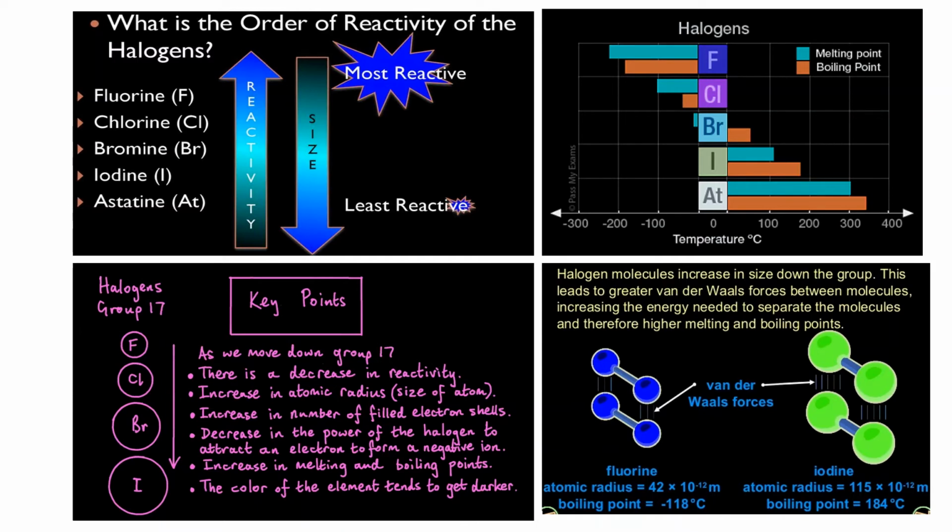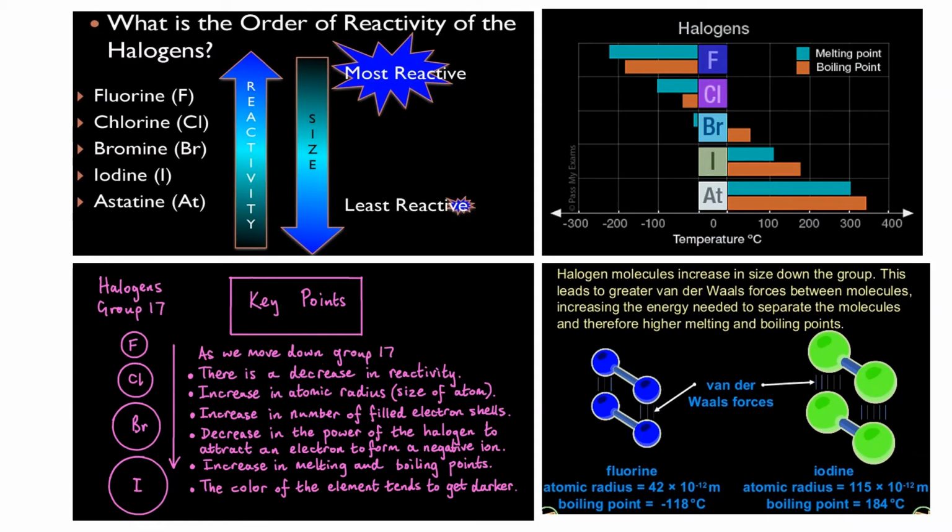Now, group 17 is the same as group 7. Why is it 17? Because group 17 includes the transition metals, while group 7 does not include the transition metals. So, as you move down group 7 or 17, there is a decrease in reactivity, opposite to group 1.